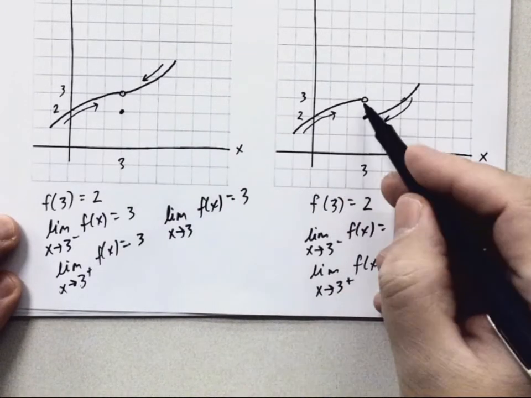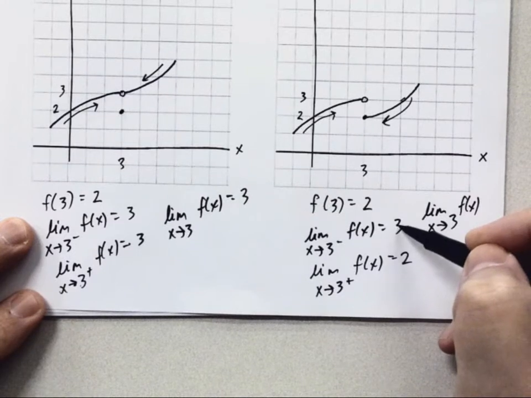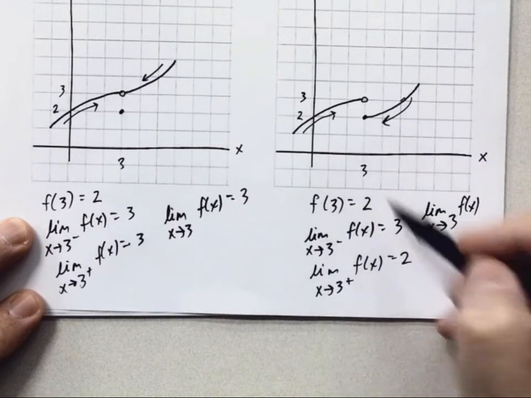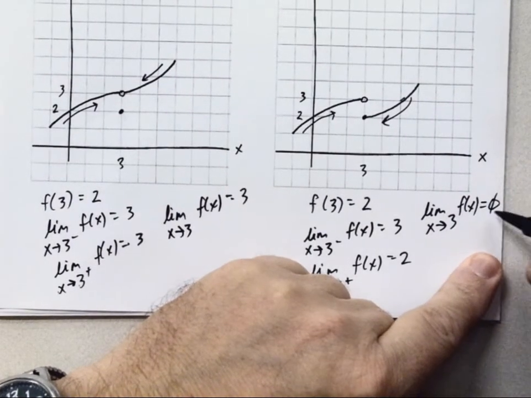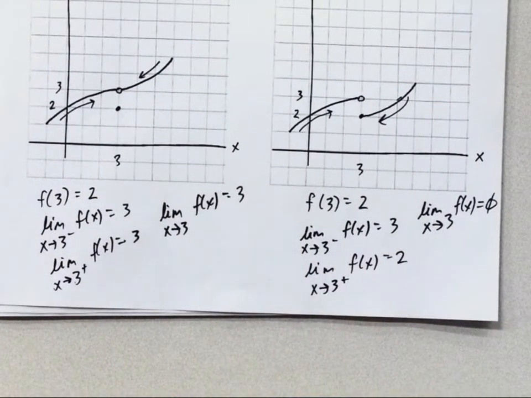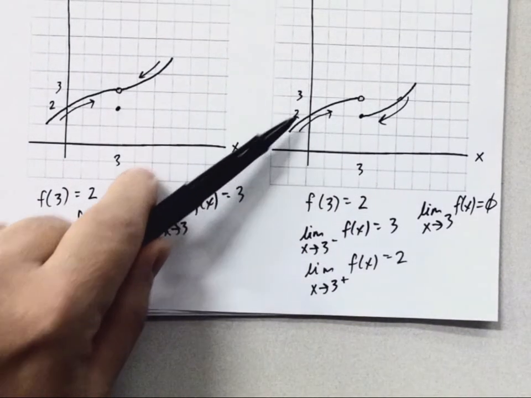But when I approach it from the low side, my function is 3. When I come from the high side, it's 2. Since these are not the same, we say there is no limit. It's undefined, which you can see from the picture.